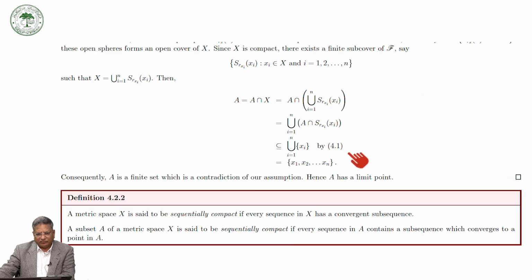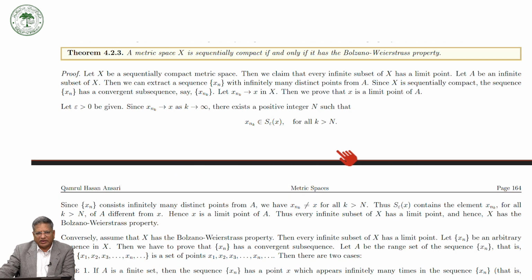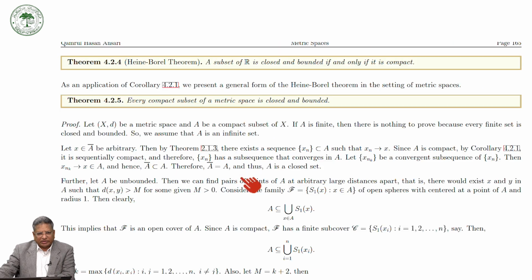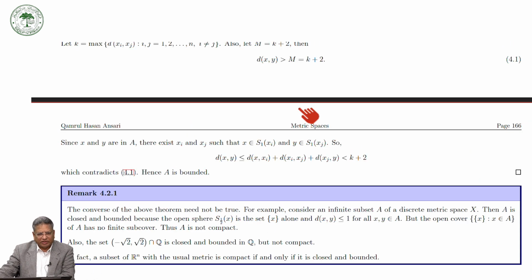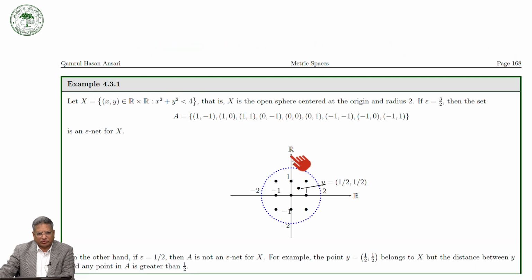Okay, so we have proved that these three are equivalent, and we have seen several other properties. We also proved that a compact subset of a metric space is closed and bounded, but the converse is not true in general. We have given several exercises, and then we gave the totally bounded.